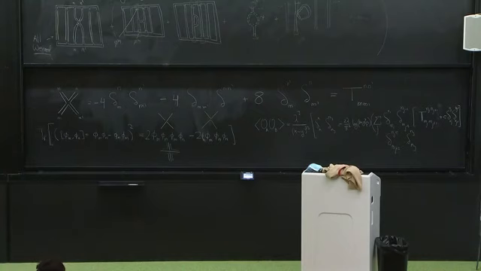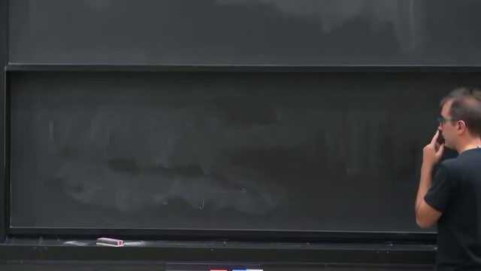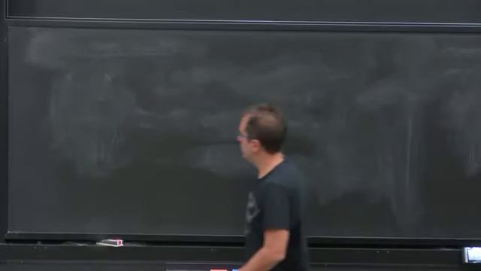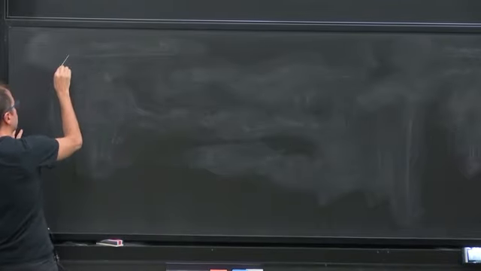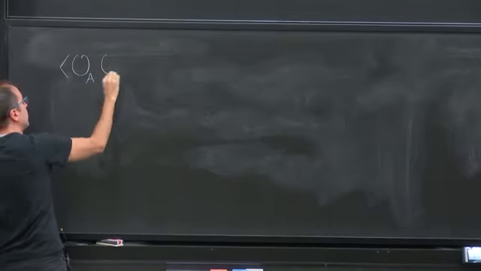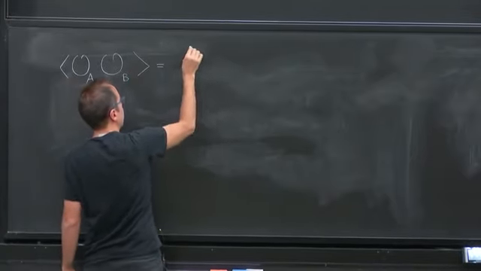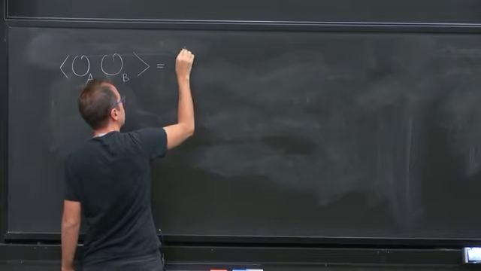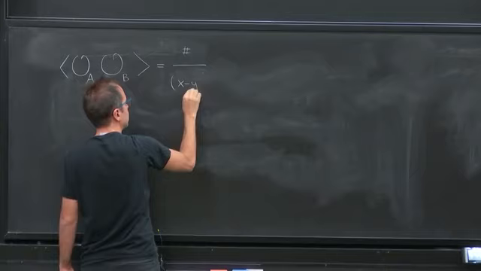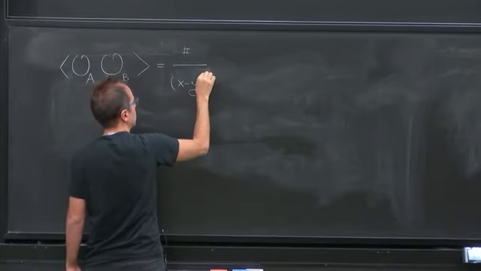So in summary, what we see, let me write in a notation that's perhaps more intuitive, that OA, OB is equal to some three-level expression, something doesn't matter, divided by x minus y to the 2j.